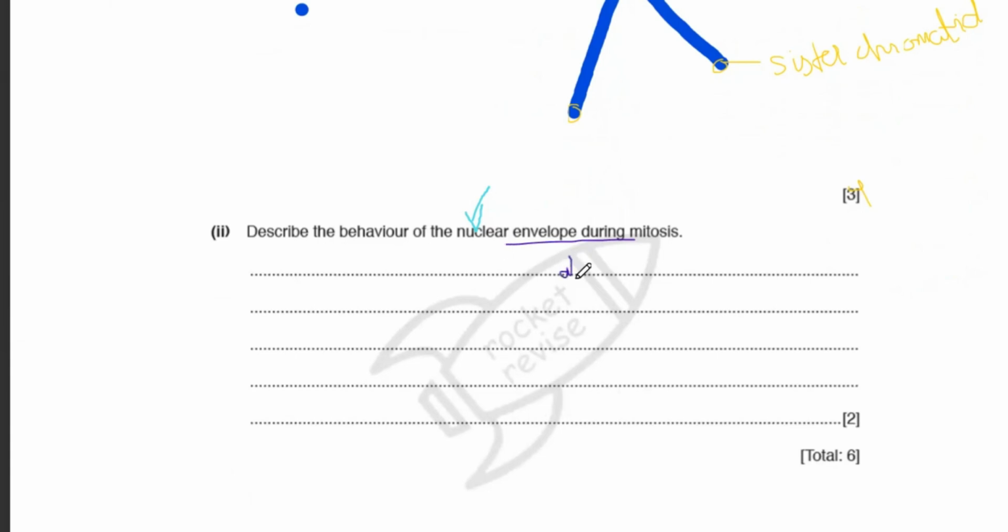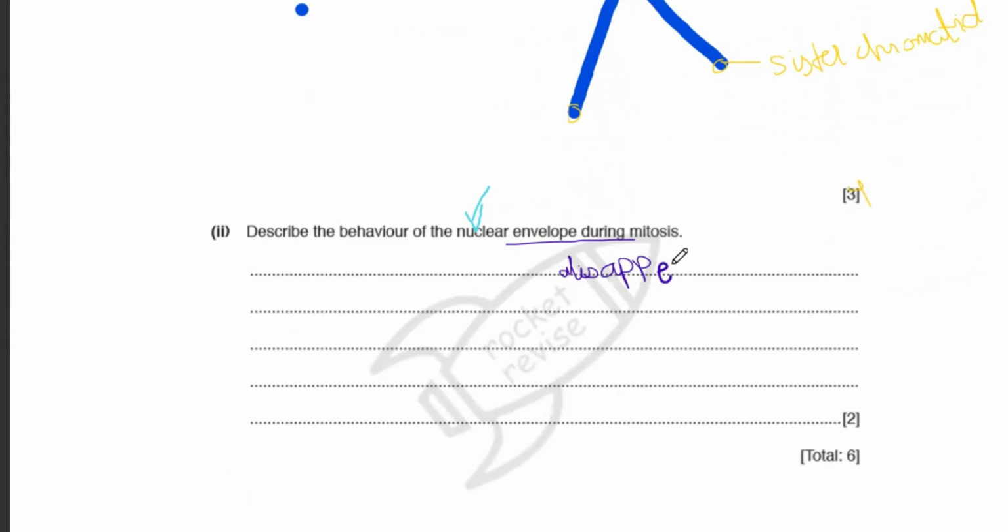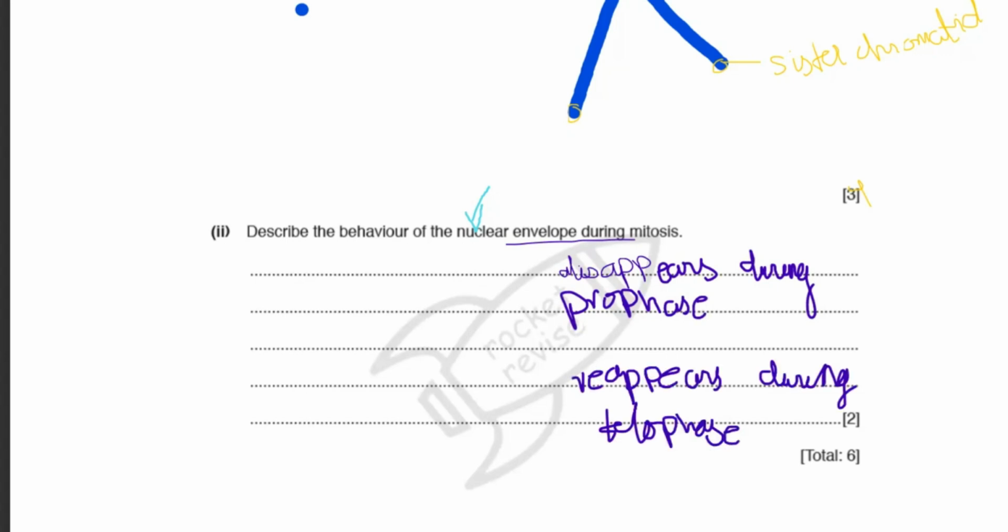Disappears during prophase, and reappears during telophase. Okay?